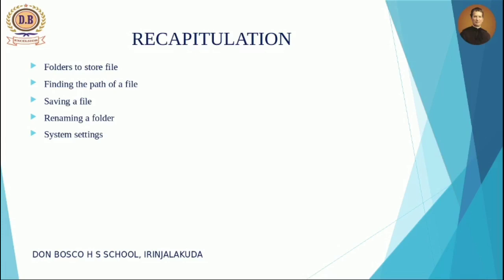Then our last topic was system settings. So if we want to type any other languages than English, we have to change the keyboard layout to that specific language. For that, we have to click on the EN icon at the top of the desktop. From that, we have to select the required language. Then we can start typing in that language. But if we want to type a new language, first we have to add that language to the computer.